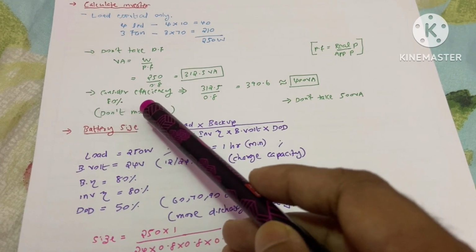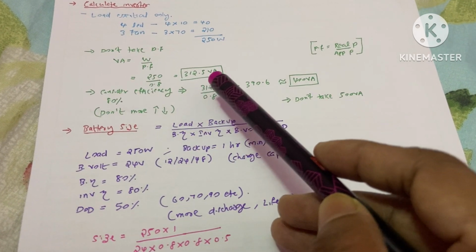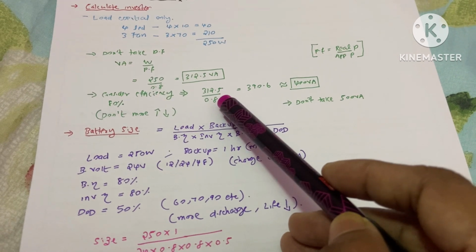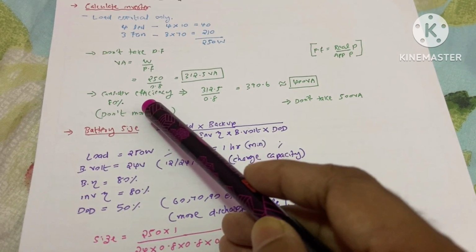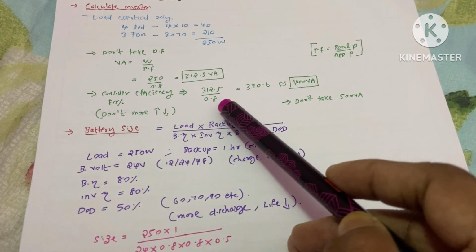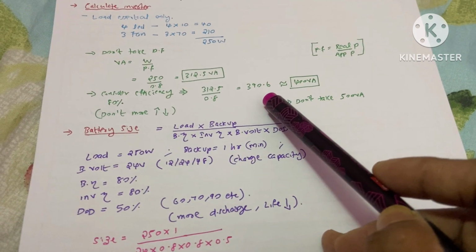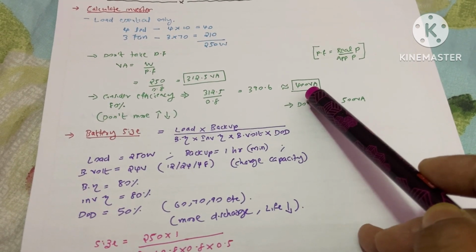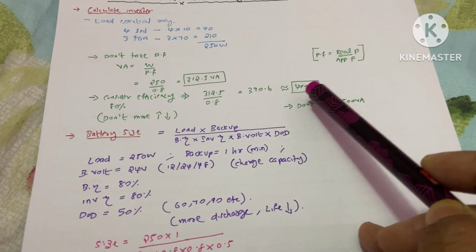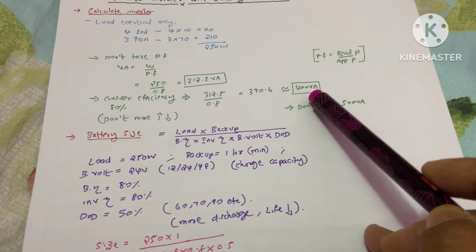So we need to divide our VA by this efficiency. 80% means 0.8, 80 by 100. So 390.6, approximately 400 VA. So that is the size of your inverter.